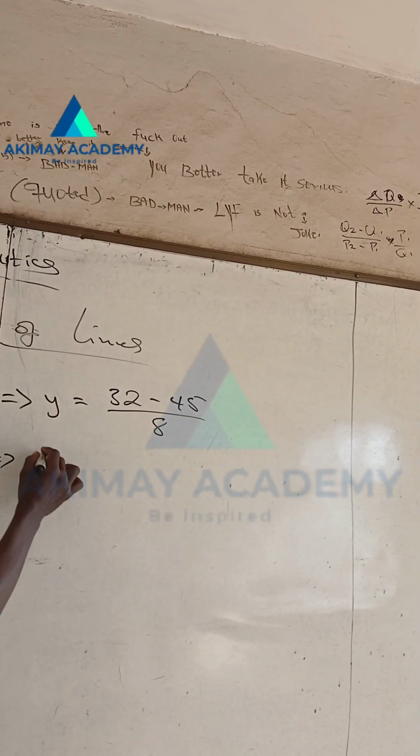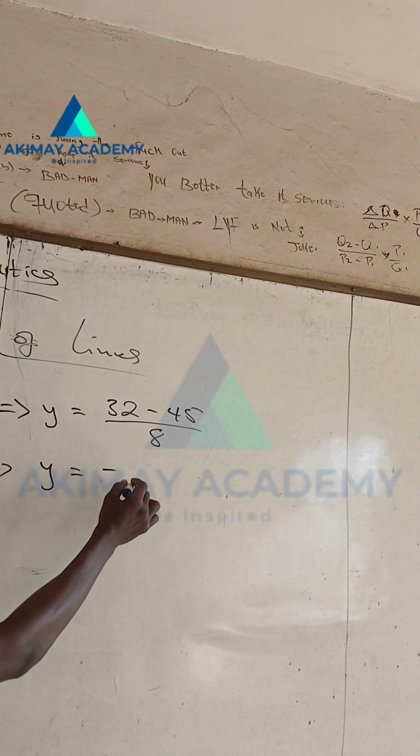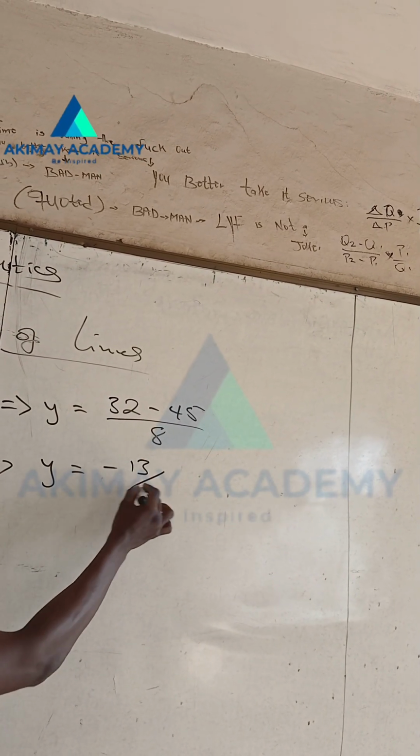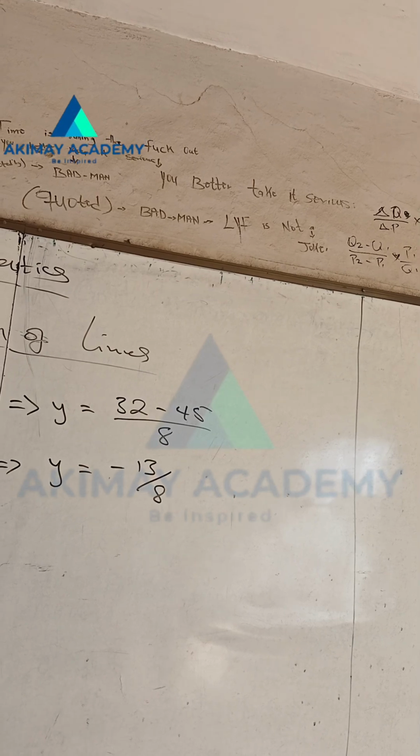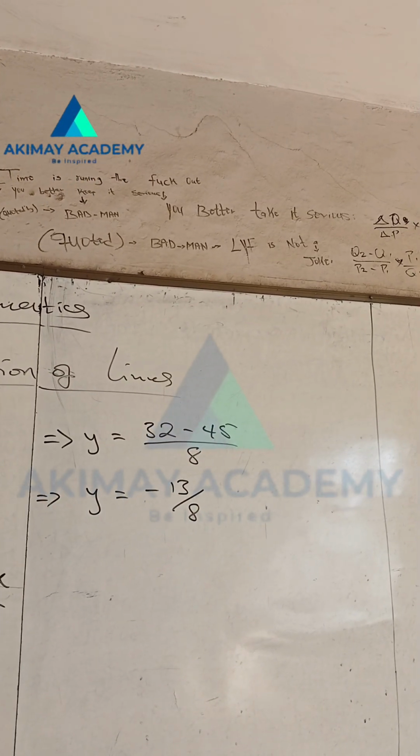And this one is going to give us y equals minus 13 on 8, right? Minus 13 on 8 for our y value.